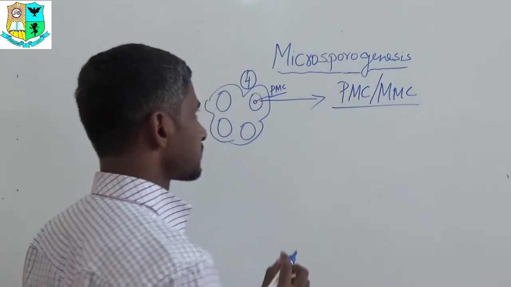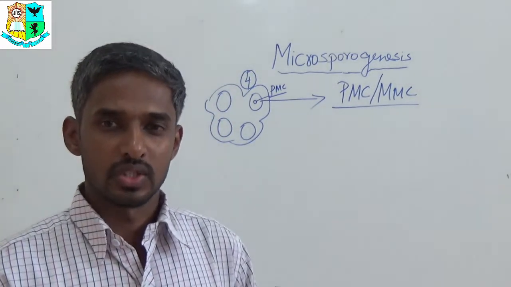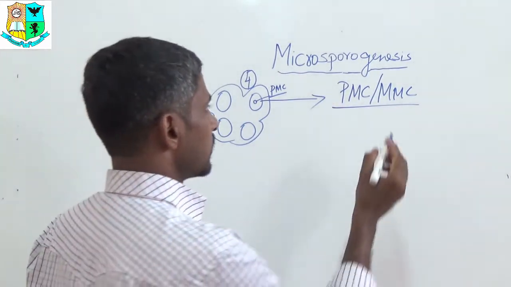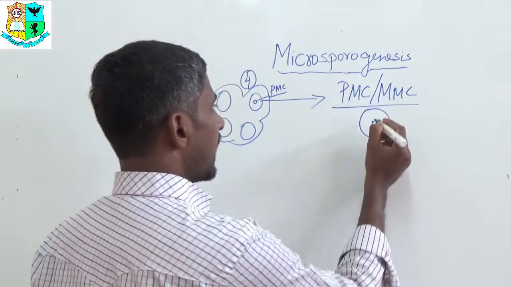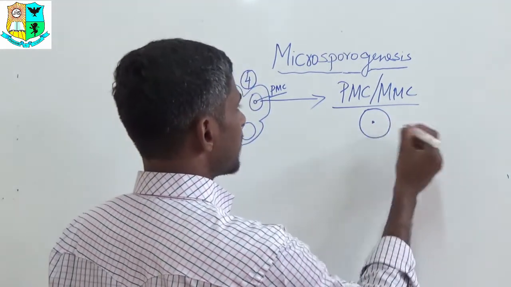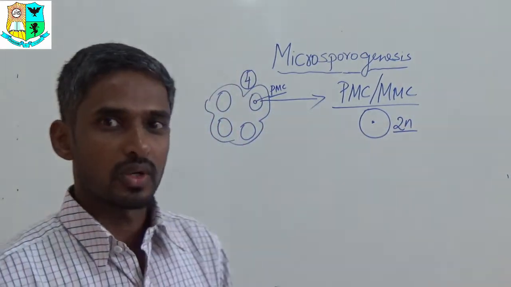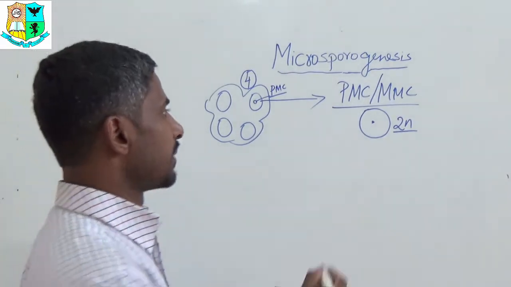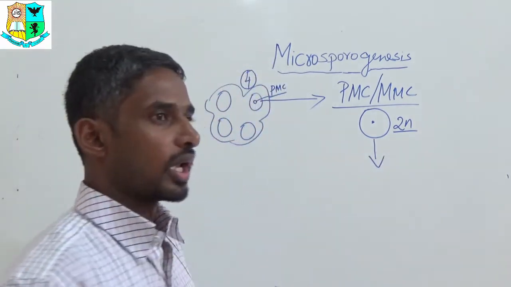Both are the same. Let's take this as a pollen mother cell, and each pollen mother cell is diploid. It has 2 sets of chromosomes, and therefore it is diploid. From this diploid pollen mother cell we will get pollen grains.